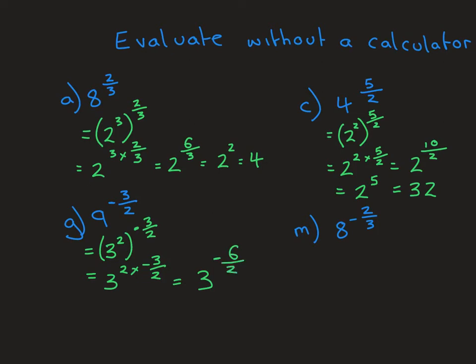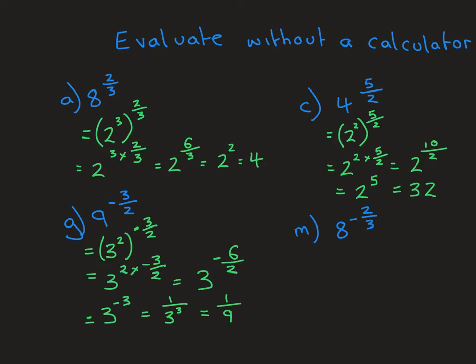Okay, now negative 6 on 2, we can divide those numbers evenly again. So 3 to the power of negative 6 on 2 is equal to 3 to the power of negative 3. Okay, and now we can use our index laws to simplify that further. So that's going to be 1 over 3 to the power of 3, which equals 1 over 9.